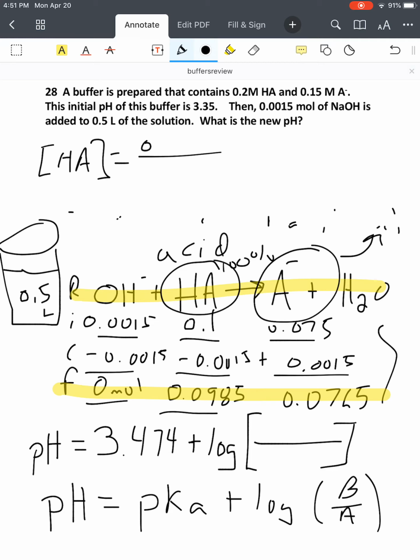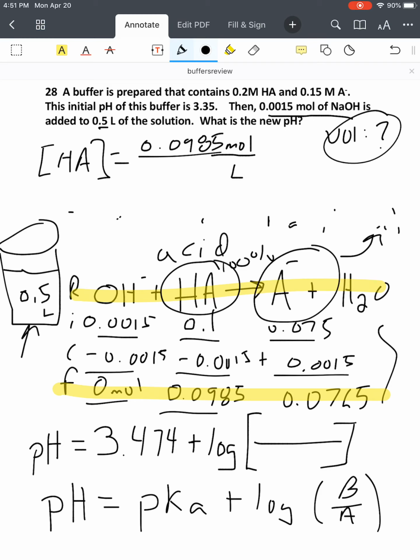I did my RICF table. I figured out that I had 0.0985 moles of that present. Now, do I know how many liters are present here? I don't remember discussing that completely. It looks like I've got 0.5 liters to start with, and then I added some sodium hydroxide to it. But it doesn't really tell me the volume that I added, does it?